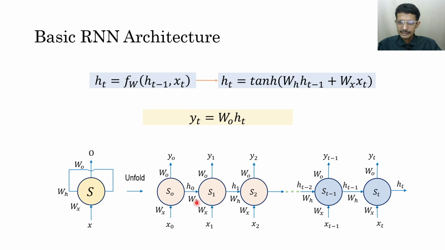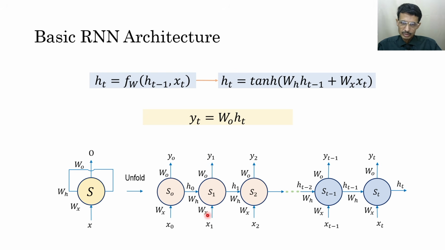Let's say there is a time instance t or t plus 1. S0 is the first state, X0 is the input, Y0 is the output, and for the next step S1, there is H0, the hidden state which has been calculated here and goes to the next state of the RNN. So at time instance 1, X1 is the present input, H0 is the input from the last state, and Y1 is the output.